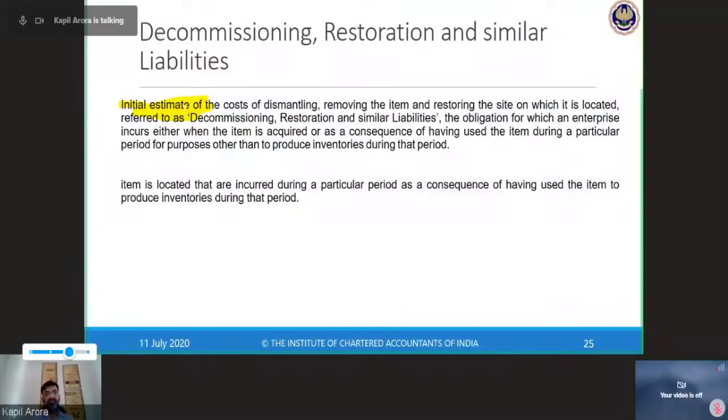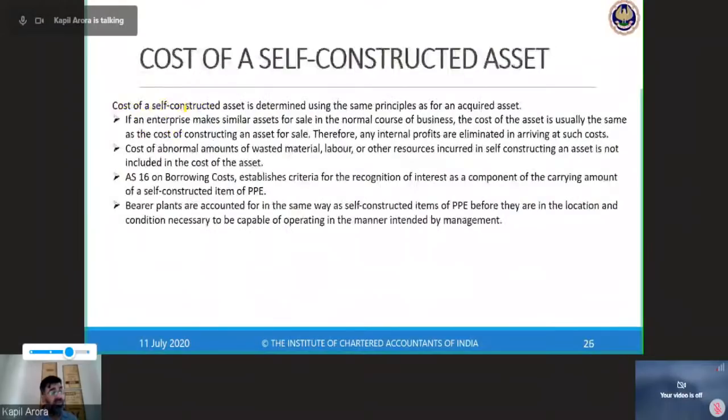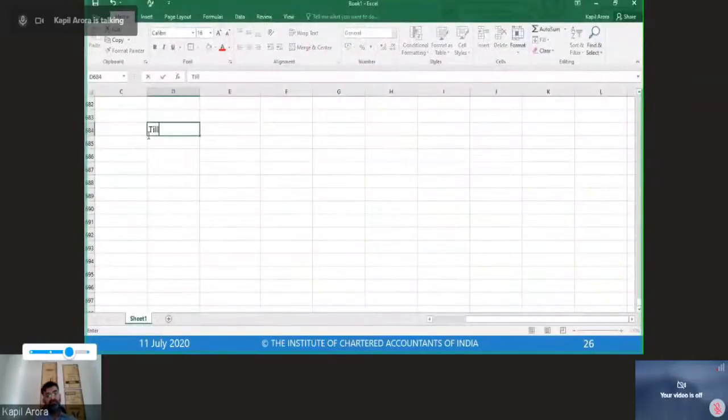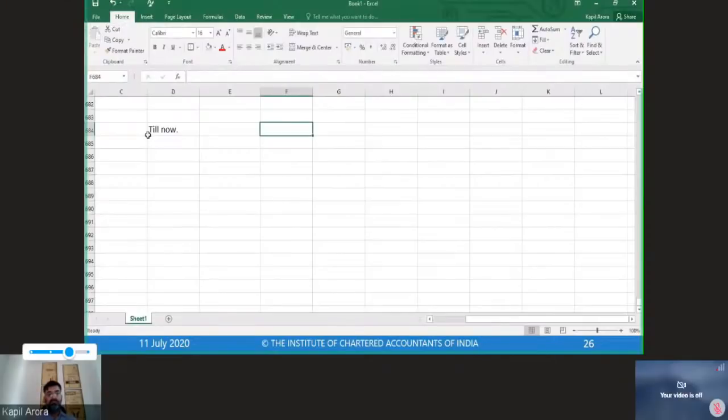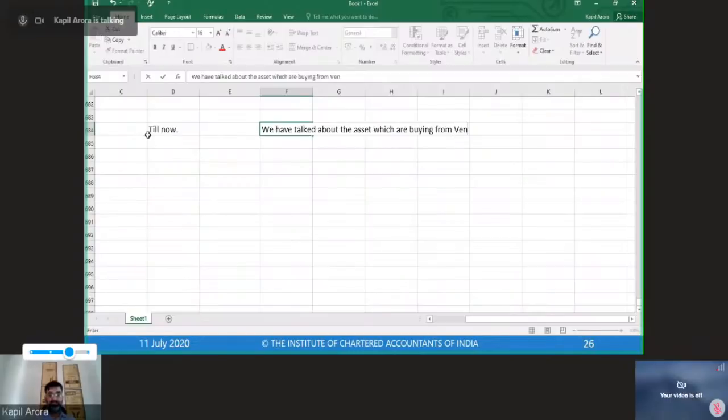Moving further, cost of self-constructed asset. Till now, we have talked about the asset which we are buying from a vendor.